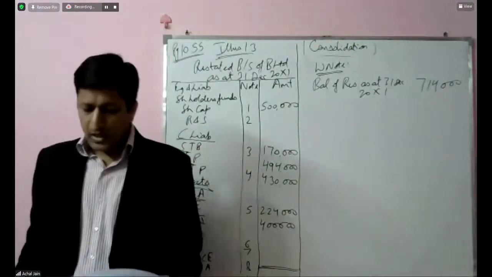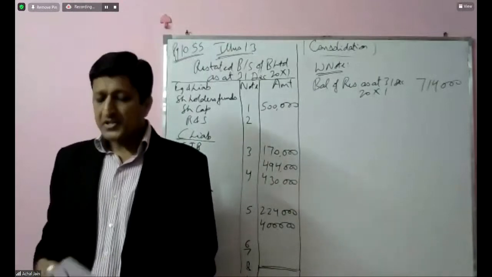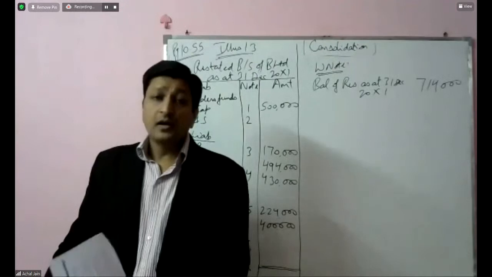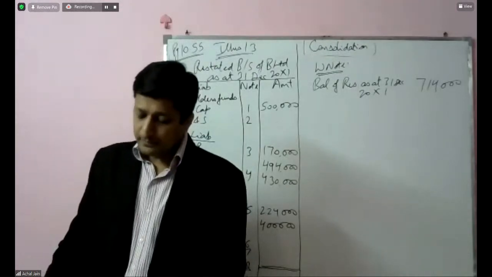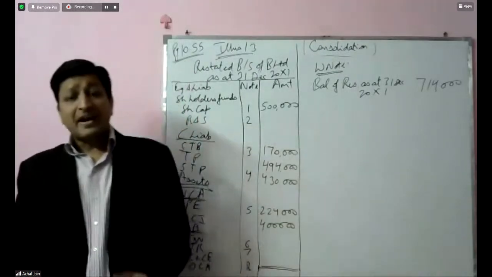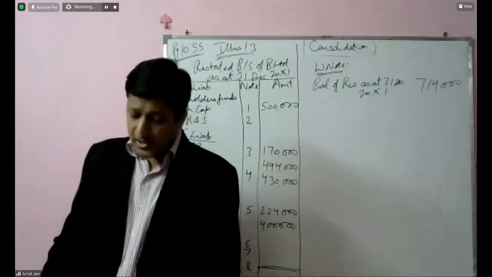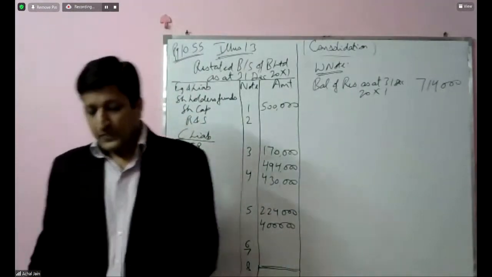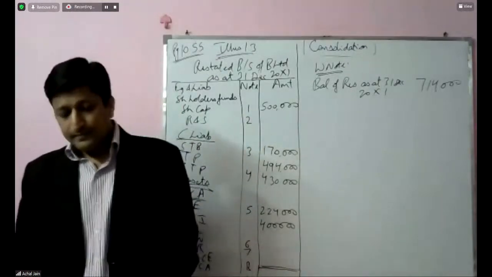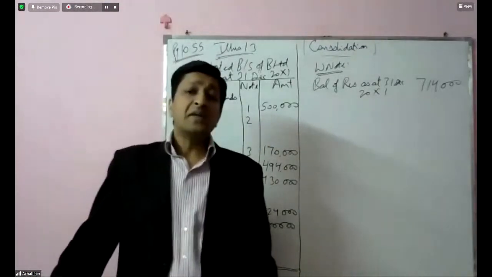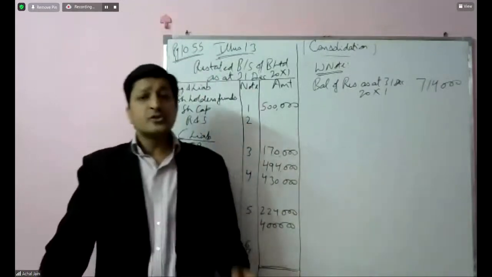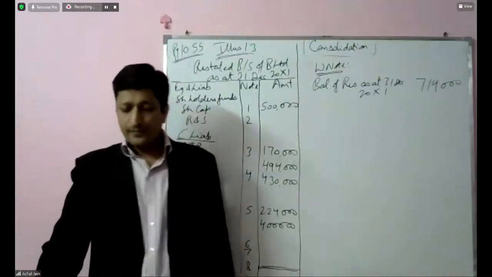Now, first correction is about the advertisement expenditure. Advertisement expenditure, if you see, is still being carried. Why? Because this was deferred. So 30,000 is the amount which is not yet charged off.